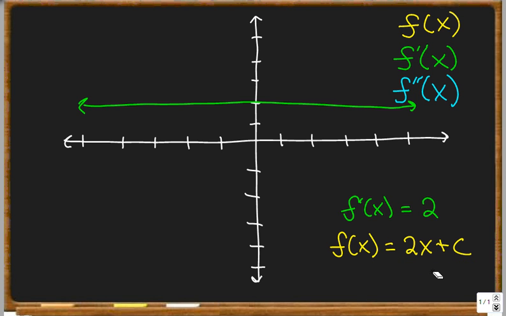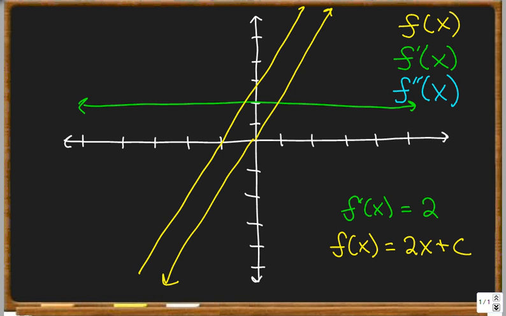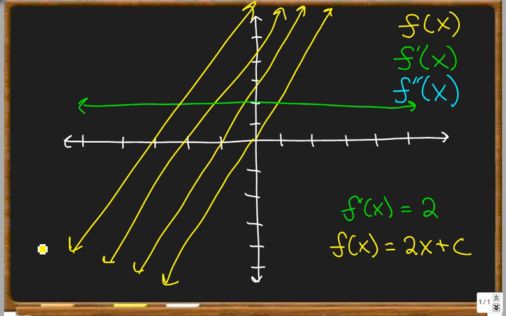Now, we don't know what this plus c is, because look at this. I could have a function with a slope of 2 going through the origin. That works. But I could also have this function, or this function, or this function, and so on and so forth. It's actually the same graph. The only difference is your y-intercept.